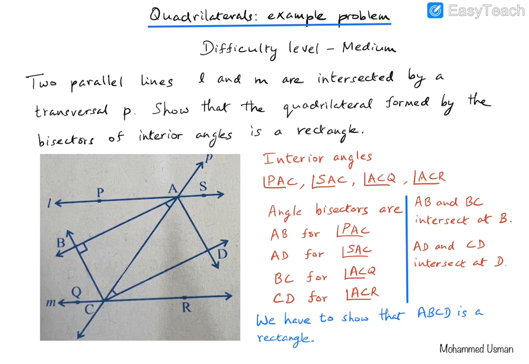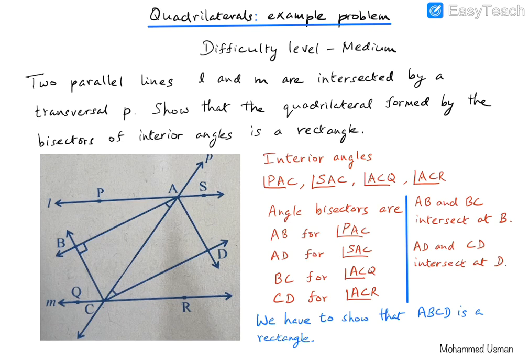Let us first understand what the interior angles are for these parallel lines intersected by the transversal. When we have these parallel lines L and M intersected by the transversal P, or the line AC, the four interior angles for this configuration are, first, the angle PAC, which is this angle PAC.